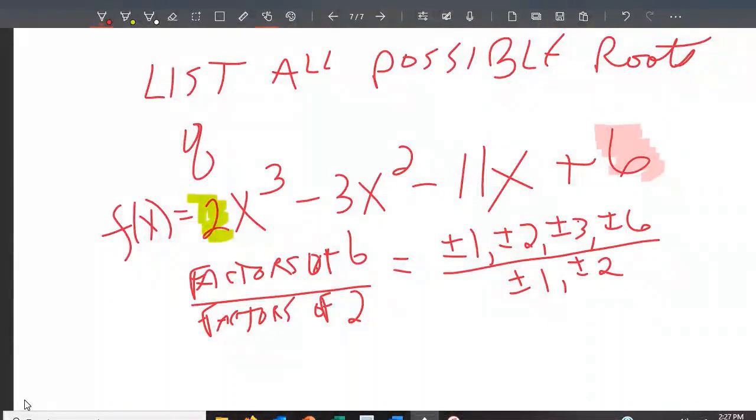Now, here's where you've got to pay attention. I'm going to write it out the long way, then we can simplify. You're going to take each number in the top and divide it by each number in the bottom separately. So it would look like this.